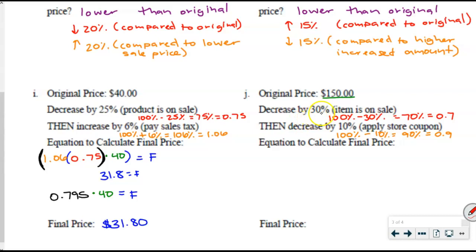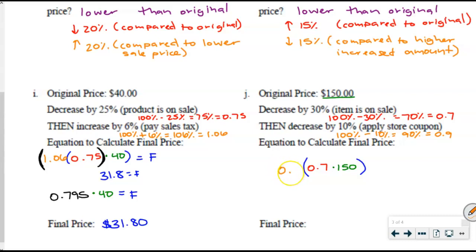So first, we know that this is on sale for 30% off. So 0.7 multiplied by 150. So we walk into the store and we see it's 30% off and we see that it's listed at this price. But then we use our coupon at the register. So after this has already been done, we then go up to the register and we say, now I would like to use this 10% off coupon.